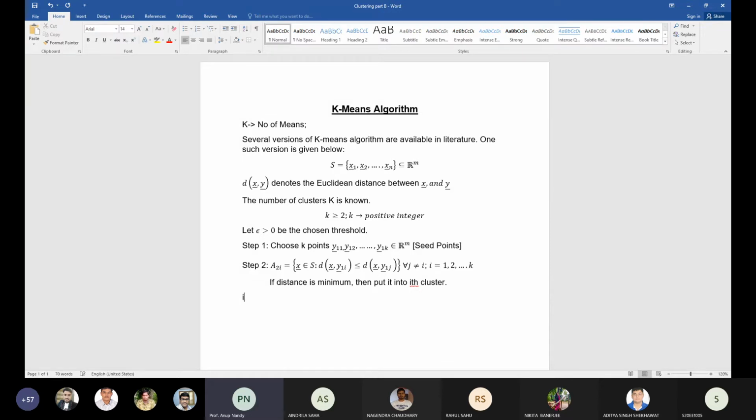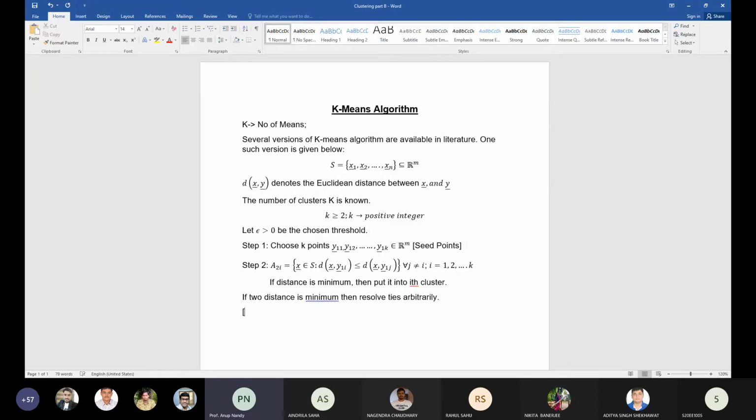If two distances are minimum, then resolve the ties arbitrarily.